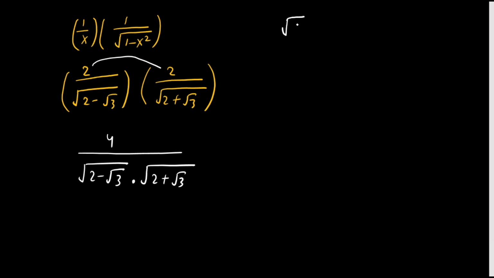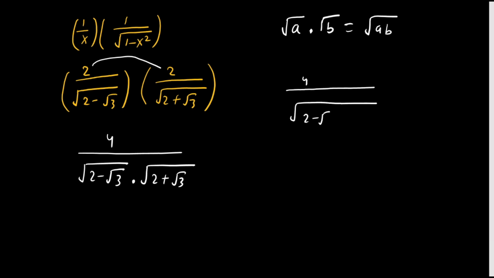We know that square root of a times square root of b equals square root of a times b. If we apply this rule here in the denominator, we have 4 divided by square root of 2 minus square root of 3 multiplied by 2 plus square root of 3. In the denominator we apply a minus b multiplied by a plus b, which equals a square minus b square.